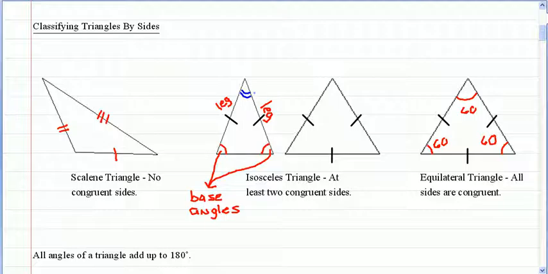The angle that's different than the base angles is called the vertex angle. And the side that's different from the legs is called the base.